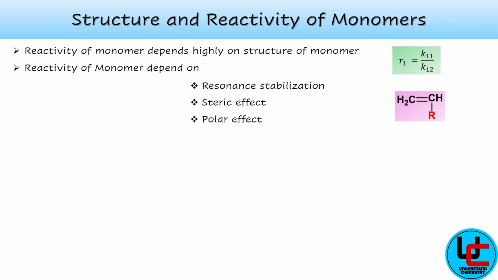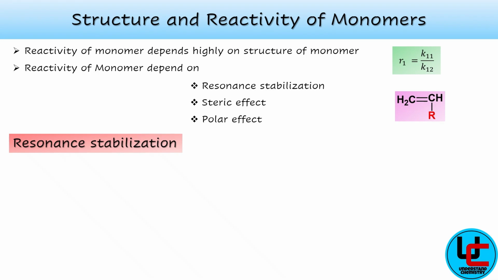Let's begin with resonance stabilization, which plays a major role in the reactivity of a monomer or a radical. If the substituents on a monomer can delocalize the radical through resonance, it stabilizes the transition state and enhances reactivity.